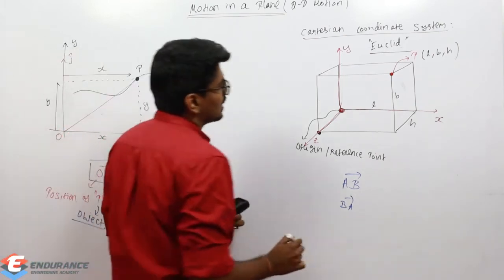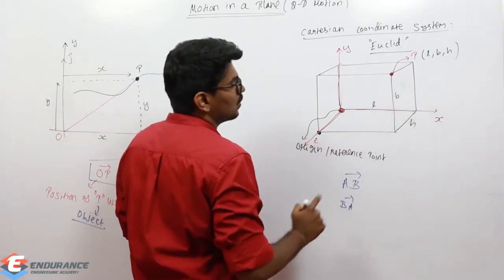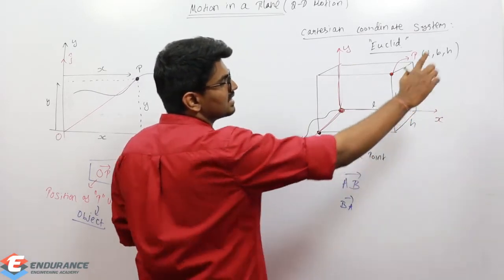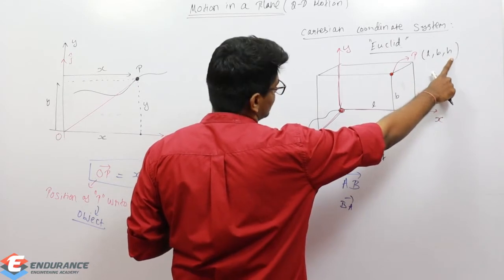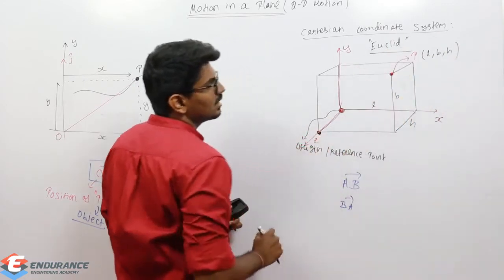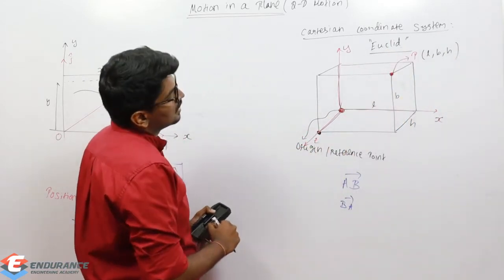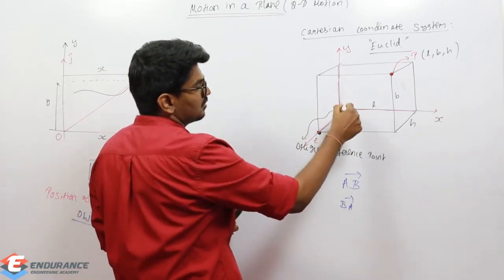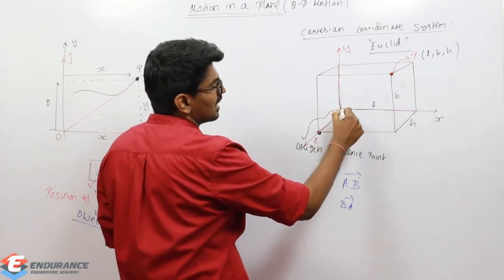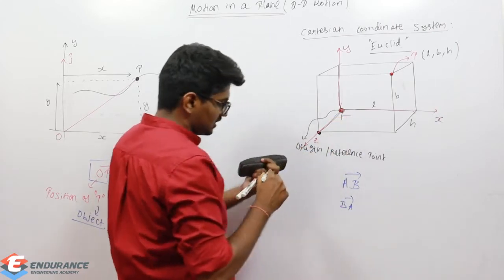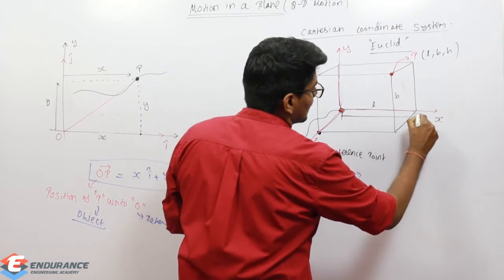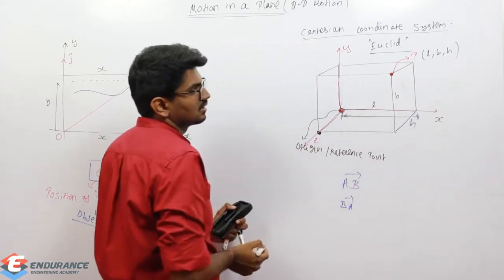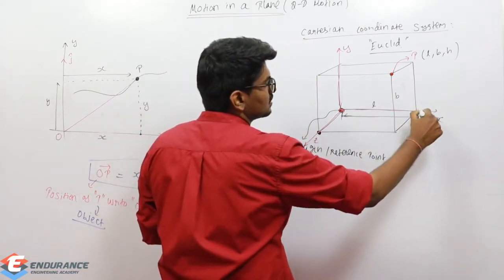Now coming to point P, what about the case L, B, H, which means I need to travel L in the x-axis, B in the y-axis, and H in the z-axis. If I do that, I will end up at point P. So from the origin, let me consider I'm traveling, I will use another color. I'm traveling L in the x-axis, and B in the y-axis, so I reached here.